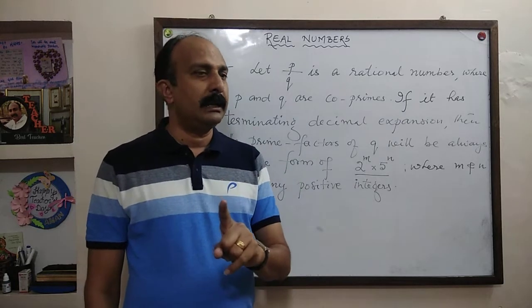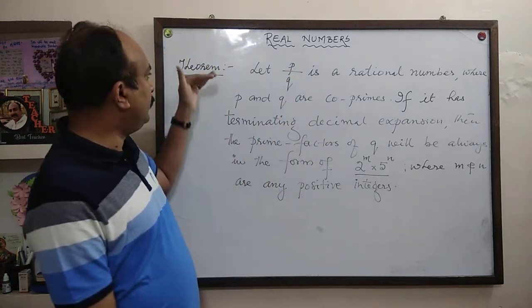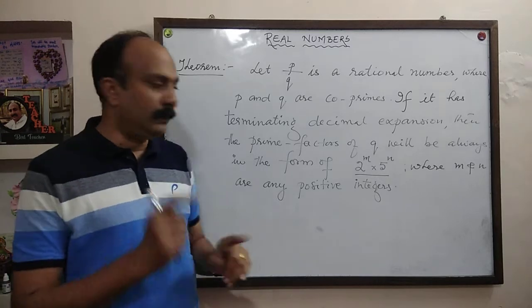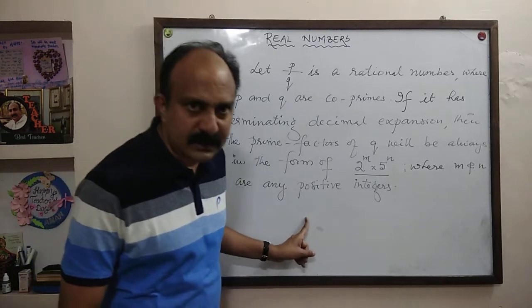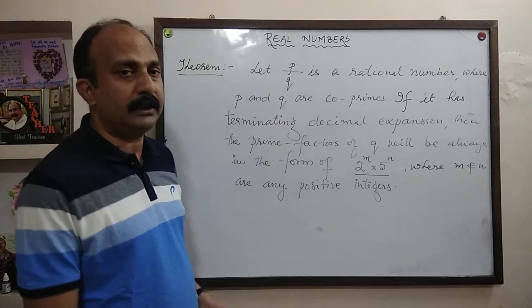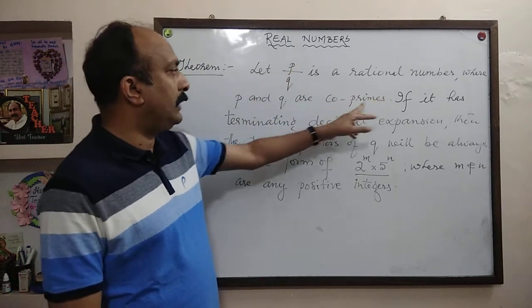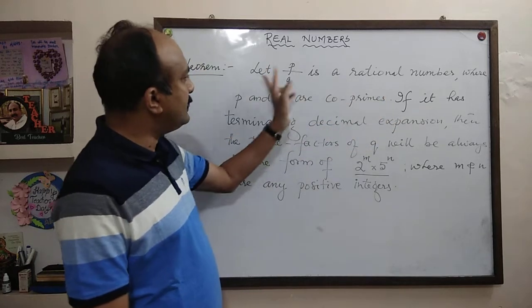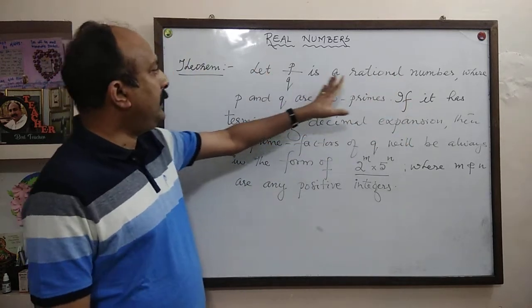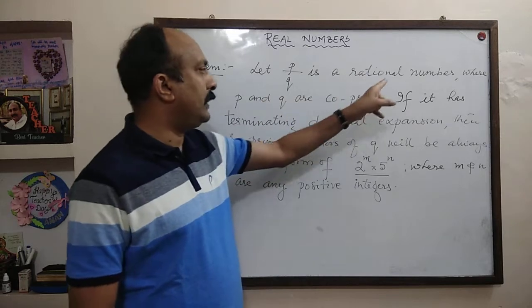You have to write both the statements. First you write this statement, then below that you write "conversely," and now you write it in reverse form. Let p upon q be a rational number where p and q are coprimes.